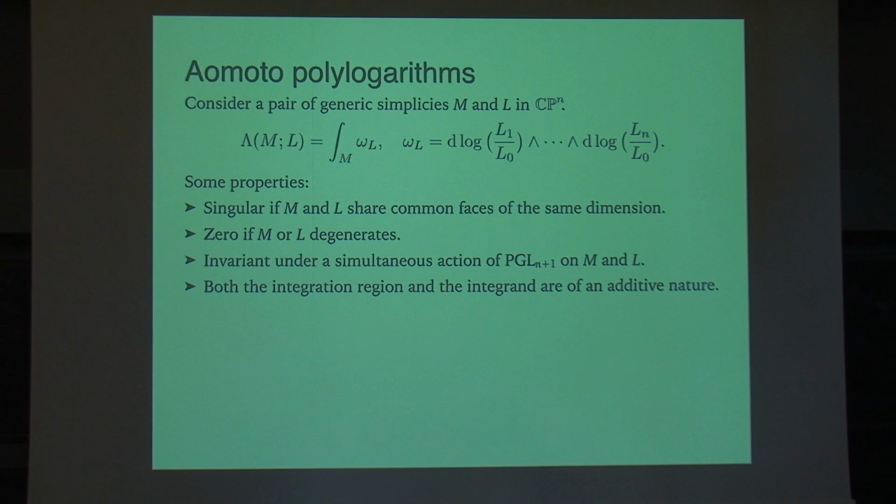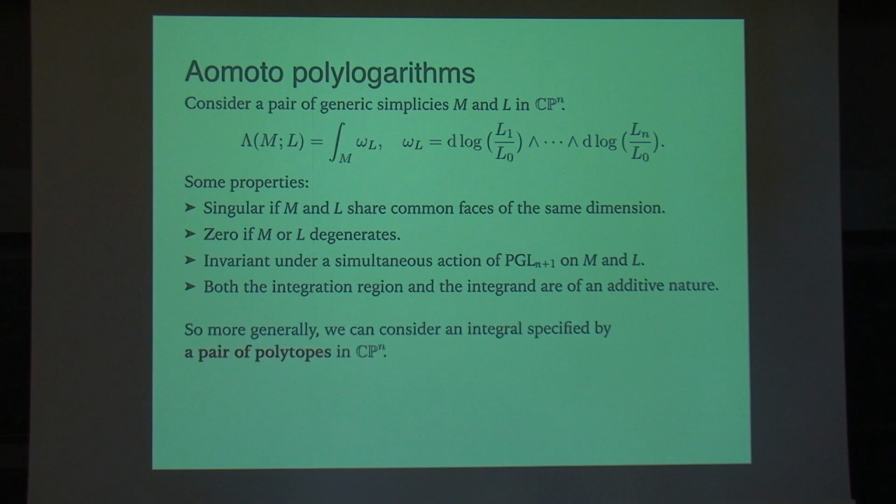And due to this additive nature, actually we can consider something more general. In general, we can think about a pair of generic polytopes in CPn and define a similar integral. And this integral is also completely fixed by this pair of polytopes. And this is the object I'm going to think about.